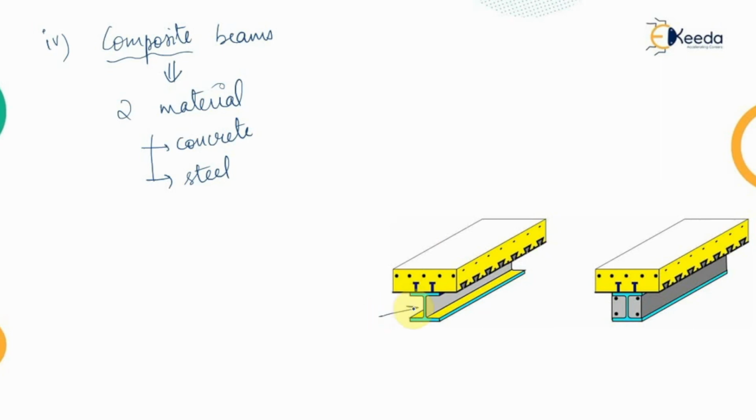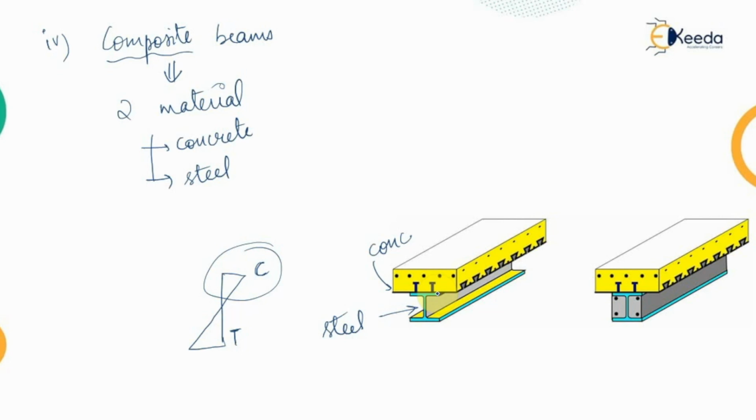Now in this section, this I section has been provided at the bottom, which is a steel section, while a concrete section has been provided at the top. So this is provided so as to achieve the required criteria. That means to resist the tension, we are providing the steel at the bottom, while to resist the compression, we are providing the concrete at the top.